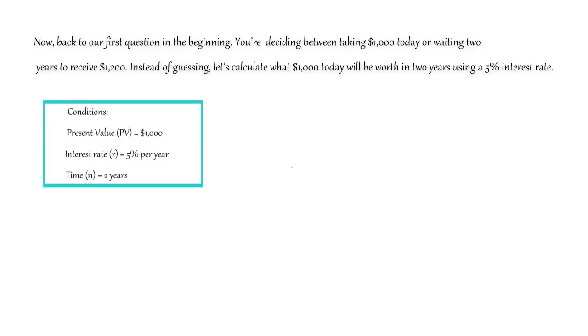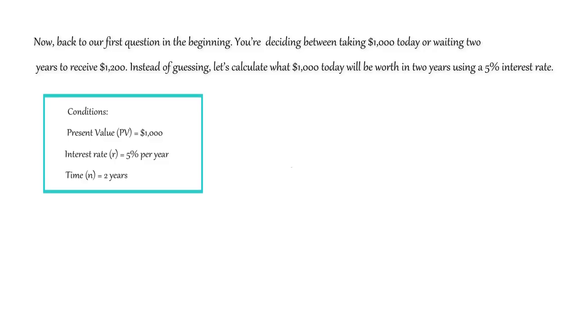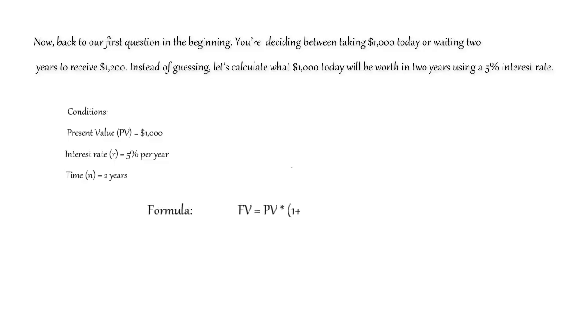Interest rate is 5% per year. Time is 2 years. Our formula: FV is equal to PV times (1 plus R) to the nth power. Now if you plug those in, FV is equal to 1,000 times 1.05 to the second power.